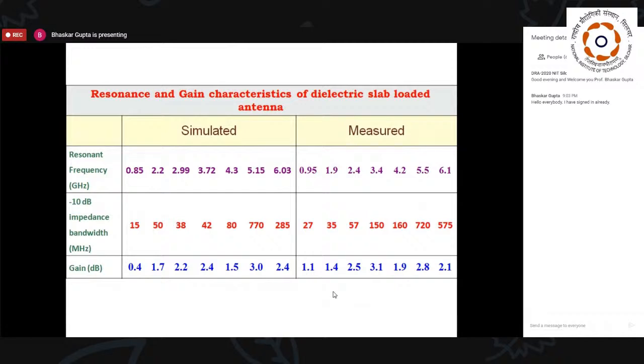My God, so many, but everywhere you get broadband behavior, broad beam behavior, and broadside radiation. So the resonant frequencies are actually 7 in number, meaning we have now developed this way a heptaband antenna.